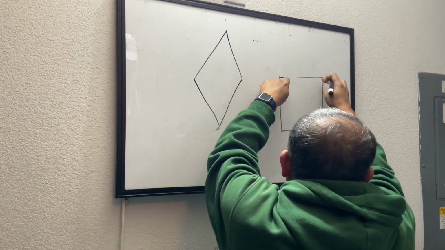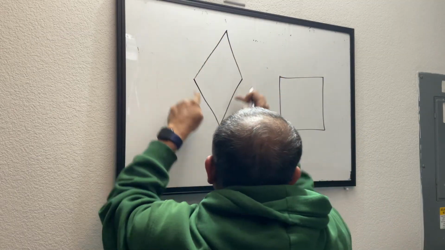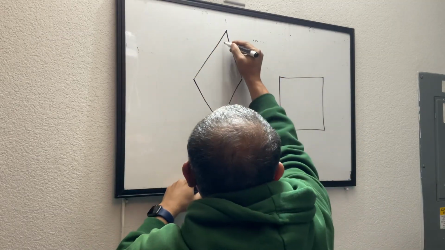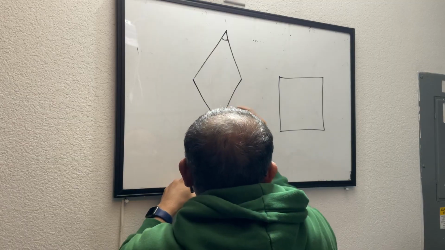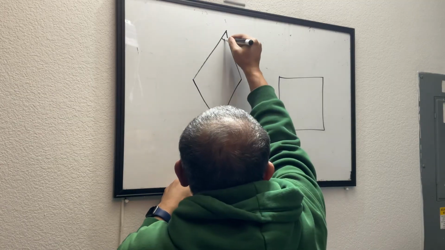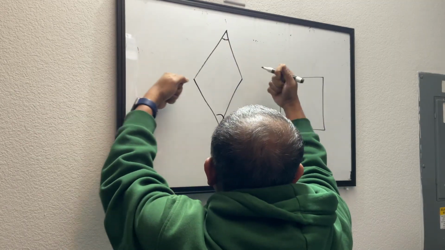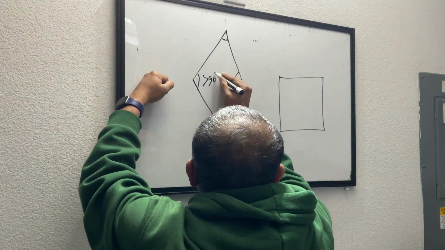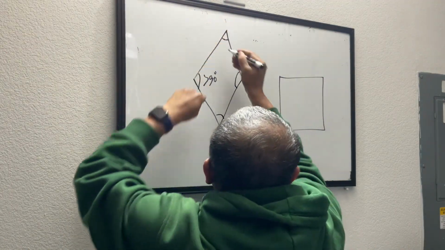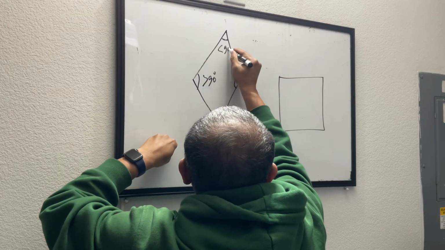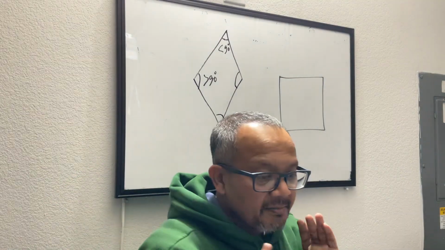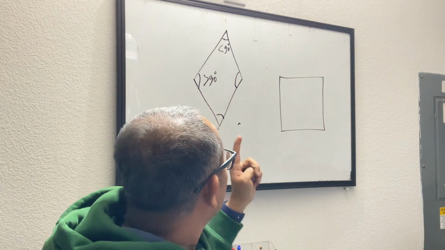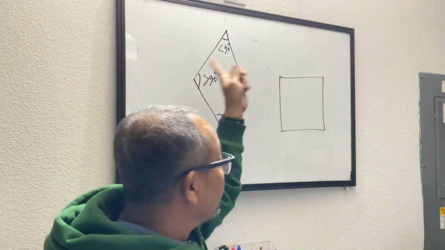In a square you have all four sides same, in a rhombus also you will have all four sides same, but the angles will not be 90 degrees. Where you are squeezing it, it will become an obtuse angle, meaning more than 90 degrees, and on the other side it becomes an acute angle, less than 90. But what is important for us to know is all the four sides are same.